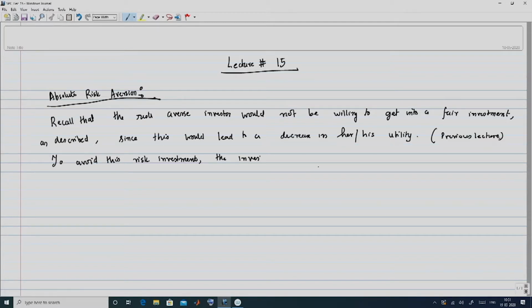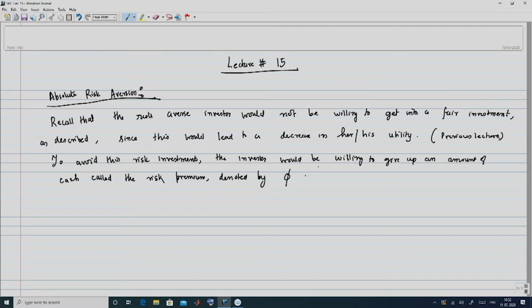So, in this case the investor would be willing to give up an amount of cash called the risk premium, denoted by phi. So, we have already introduced this notation phi, w and z tilde.